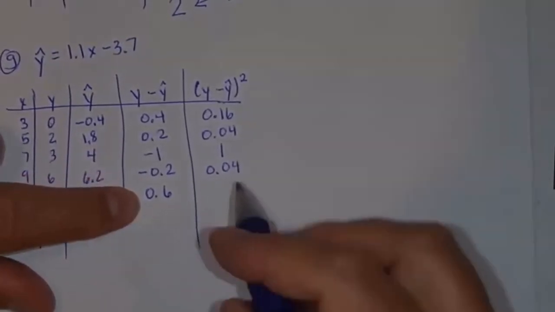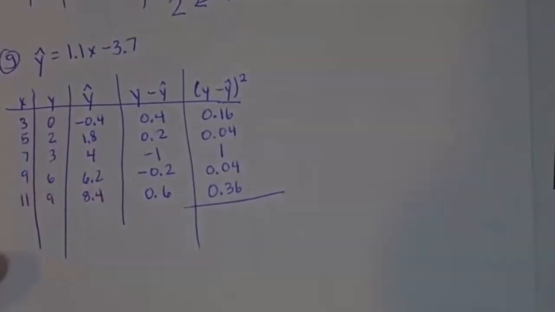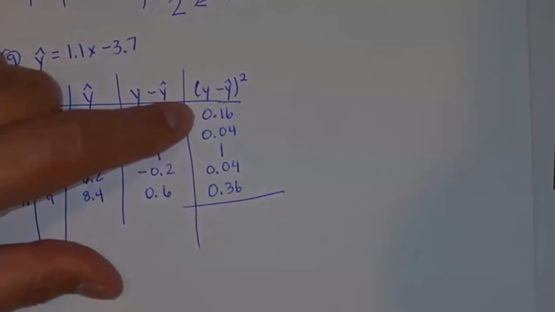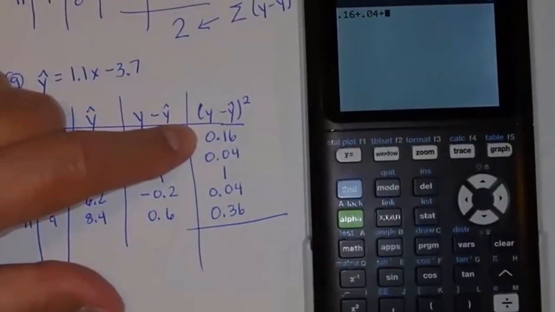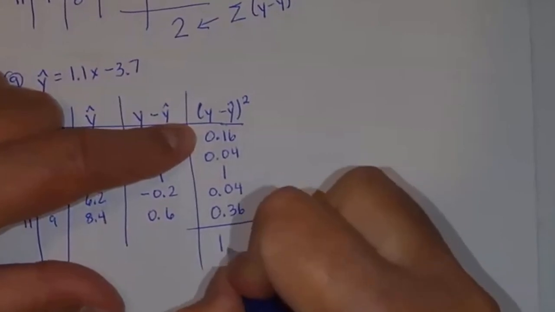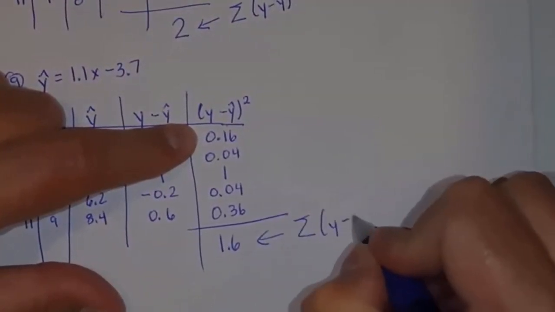And 0.6 squared will be 0.36. So if I add that up, 0.16 plus 0.04 plus 1 plus 0.04 plus 0.36, that equals 1.6. That is our sum of squared residuals.